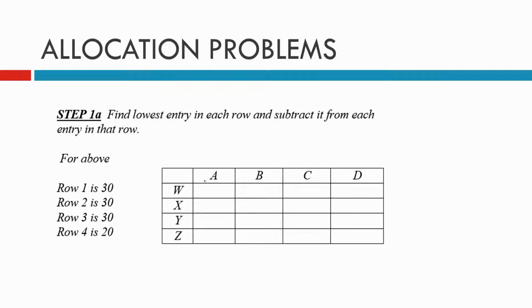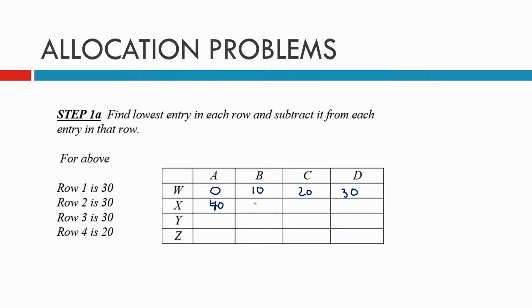Now, we had 30 at the start, so 30 take away 30 gives us 0. 40 was in the next one, 40 take away 30 gives us 10, and so on. I'm just going to read out the numbers, 20 and 30. So we've got to do this for every row, subtracting the lowest score. Row 2, we're subtracting 30. So we've got 70 in the first one, 70 take away 30 gives us 40 left over.